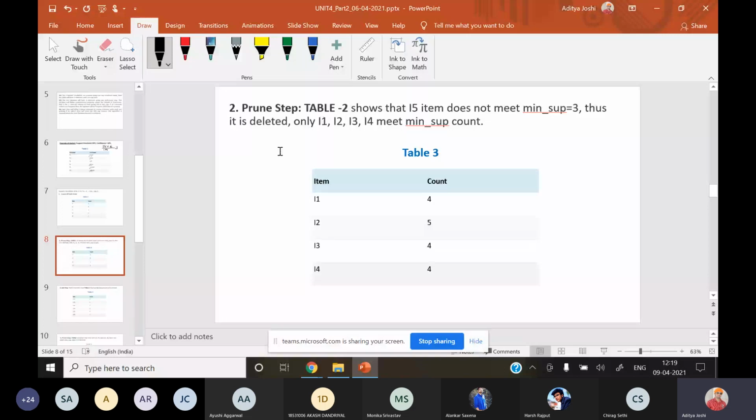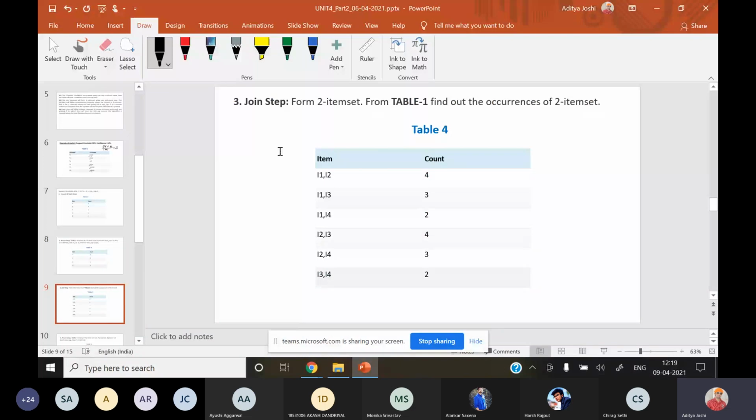We have 4 items here. So we will join I1, I2, I1, I3, I1, I4. Then we will join I2, I3, I2, I4. Then we will join I3, I4 in the next step, right? Then we will have again the join step, right? So we will form the 2 item set.